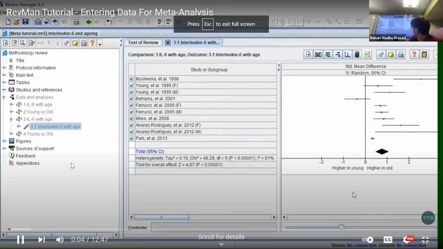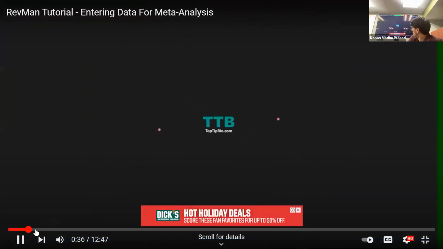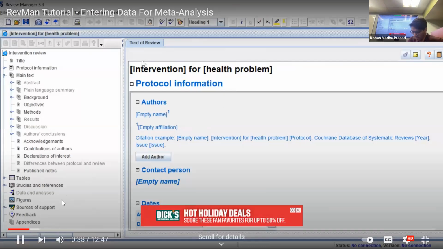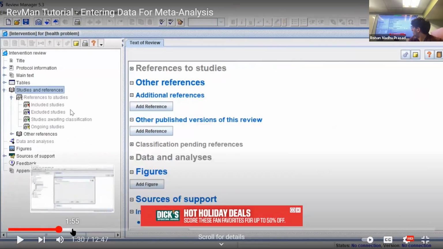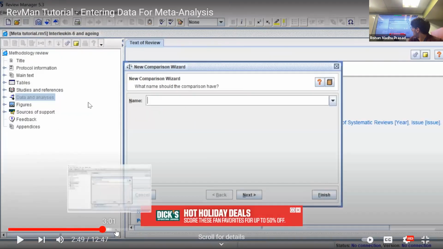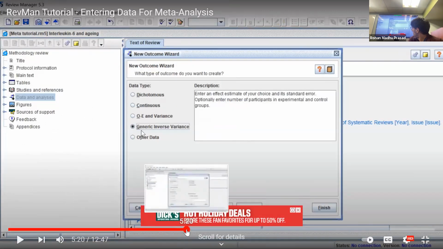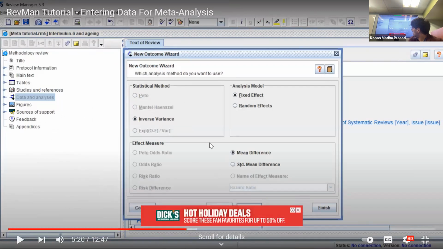So this is how a finished RevMan looks, where you've got the studies on the left side and the forest plot. So this is how RevMan opens, and they just walk you through how to enter a study, and then how to get the study into RevMan. And this is the data, the models I was talking about, if you want to pick fixed or random.